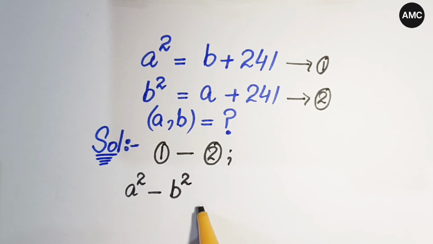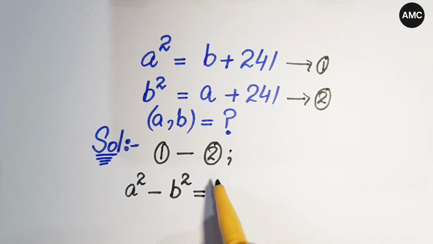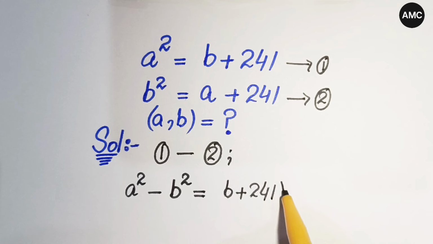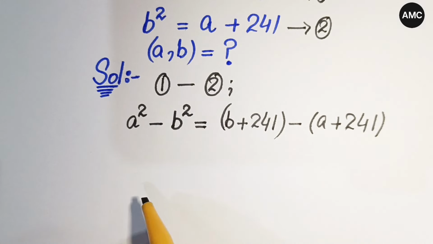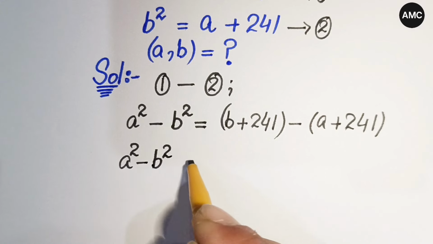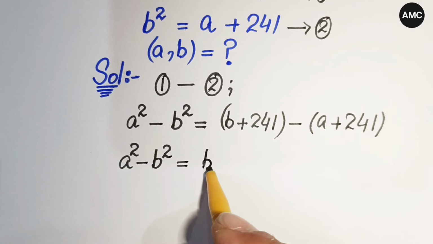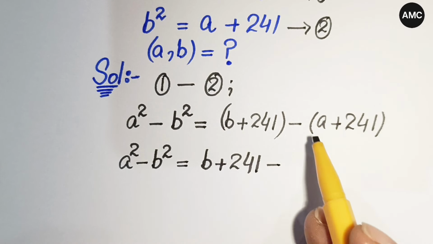Here we have a squared minus b squared is equal to, now subtracting the right hand side of equation 2 from the right hand side of equation 1, so b plus 241 minus a plus 241.